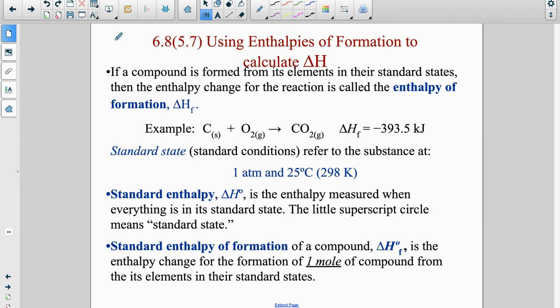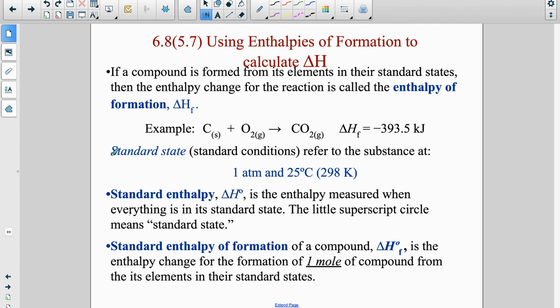So moving on to the next topic, another way to find delta H of reaction, we can use something called enthalpies of formation. Now, these enthalpies of formation are coming from when a compound is formed from its elements, the elements that make up that compound in their standard states.